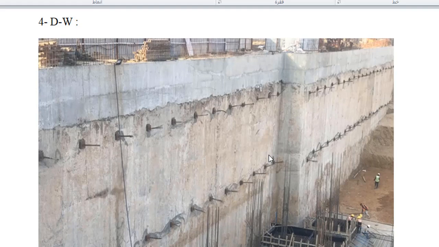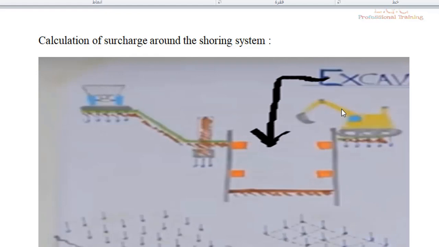For example, you must know the surcharge around the shoring system. If you want to design in the correct way, you should know what the surcharge around the excavation is and how to calculate it. I had many cases.